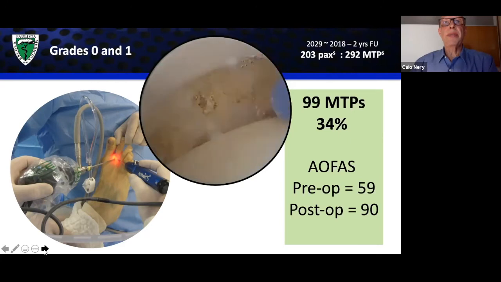99 joints were treated this way, 34% of the total, and the average AOFAS 4-foot score, which was 59 points in the preoperative period, rose to 90 points out of 100 after treatment, remaining high even in patients treated for the longest time.